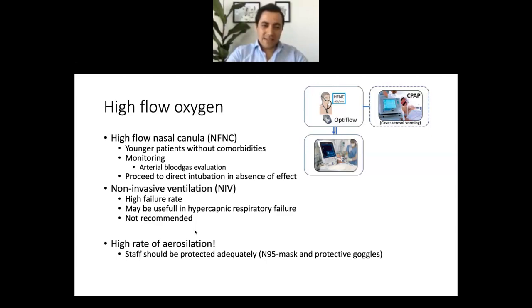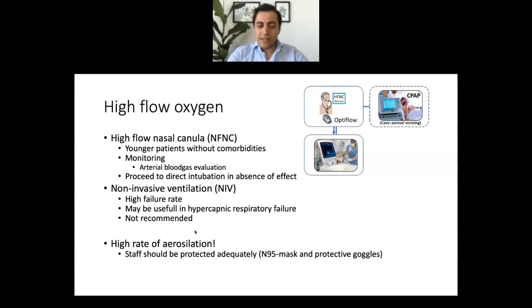Another modality is non-invasive ventilation. This is not recommended because in the literature there's a high rate of failure. It also has a high rate of droplet dispersion and contamination of the surroundings of the patient. But it can be useful in patients who are in hypercapnic respiratory failure or who have pre-existing conditions like obstructive sleep apnea syndrome.